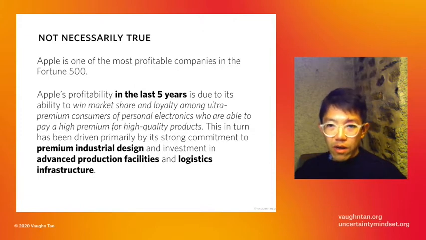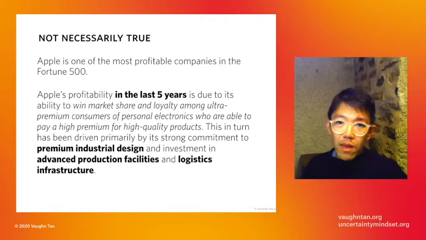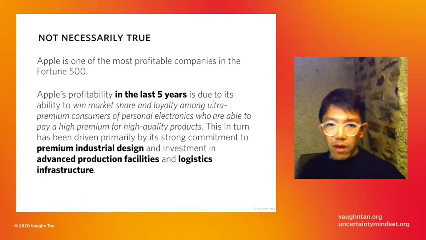And in turn, this is because of what they have done, right? They have committed to premium industrial design, and they've invested in advanced production facilities and logistics infrastructure. The claim that you're making is that Apple is profitable, especially in the last 5 years, but you're actually expanding that claim and making it arguable, because people could look at this statement and disagree with it, and they might say, for instance, that Apple is profitable because of its relationships with cellular networks to resell its products in addition to cell phone contracts, and they make a lot of money from that too.